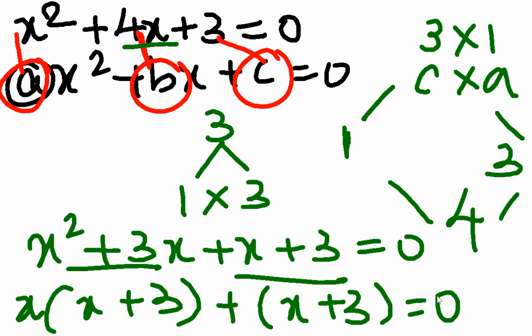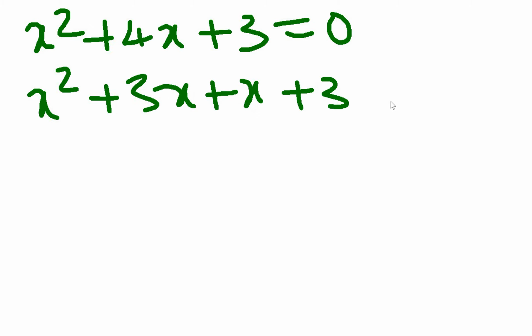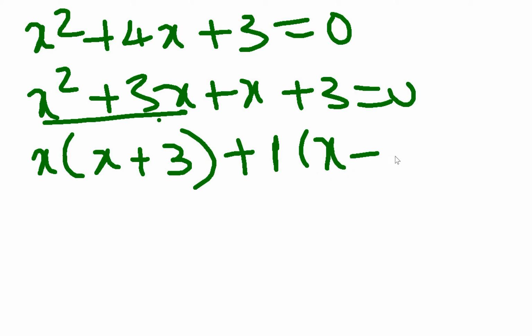Let me go to a newer slide. So the question was x squared plus 4x plus 3 equal to 0. So the equation becomes x squared plus 3x plus x plus 3 equal to 0. I took x common from the first two terms, so I'll have x plus 3 inside the bracket, and since I have nothing in common, I will take 1 in common, so I'll have x plus 3 inside the bracket.